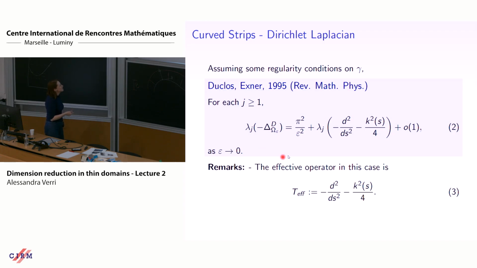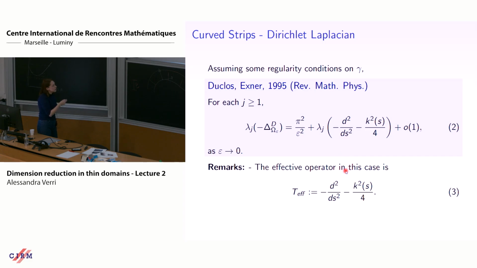Here we have this asymptotic expression. In this expression on the right side, we have this term, which is exactly the term that comes from the renormalization. And here you have the values given by the minimax principle of this one-dimensional operator.